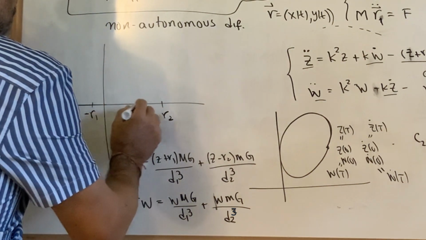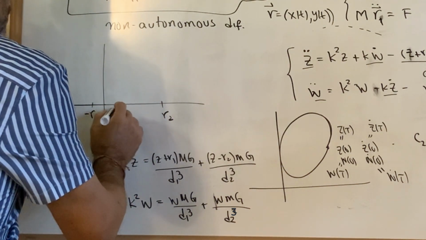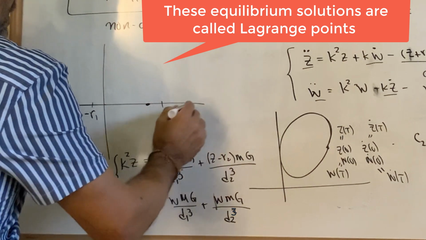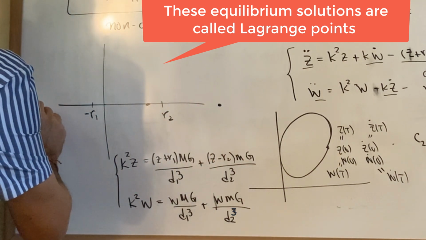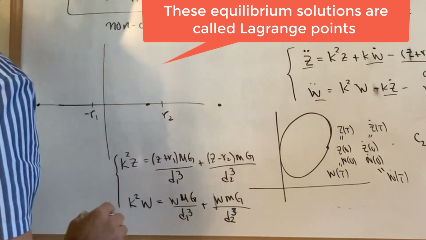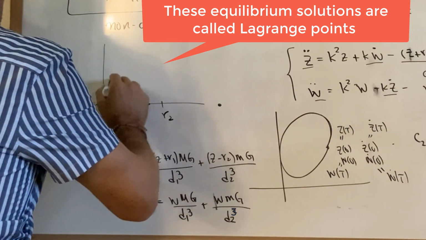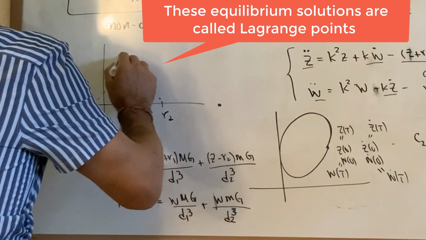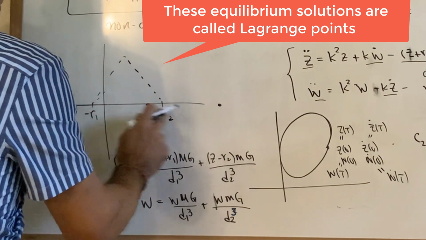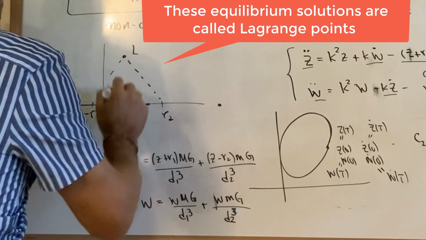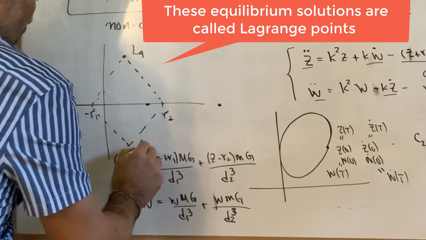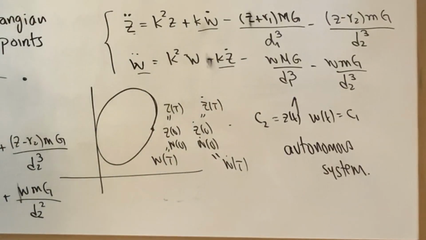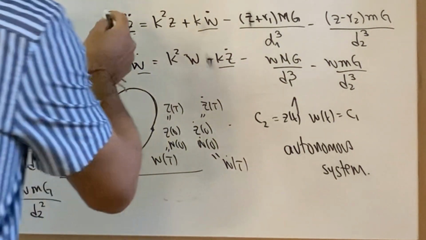There is one solution here, another solution somewhere here, another solution here, and there is a solution that forms an equilateral triangle with these two. This one is called L4 and this one is called L5.